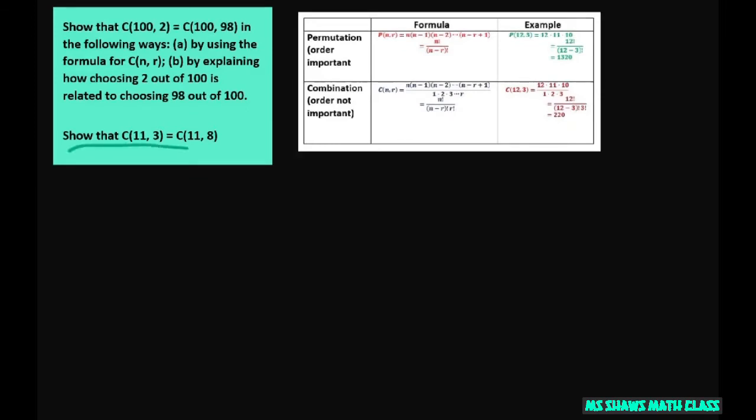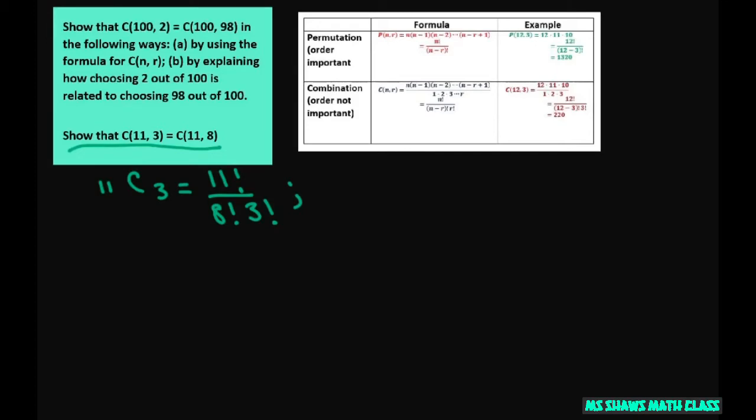We're going to show this one. So we're going to kind of do the same thing for that. So for A, we're going to say 11 choose 3 equals 11 factorial divided by 8 factorial times 3 factorial.